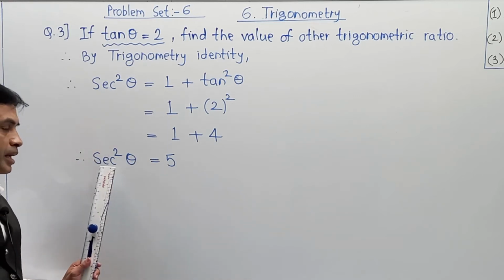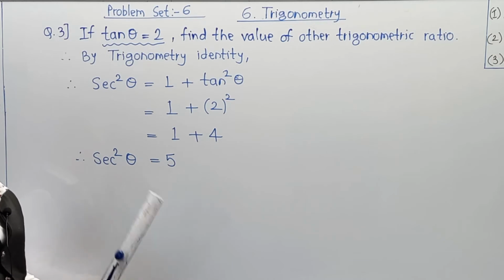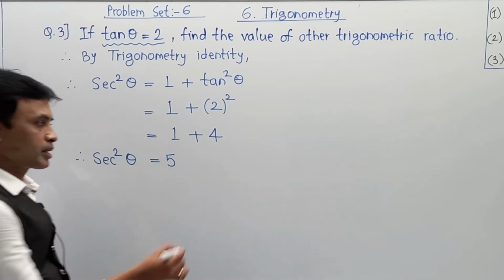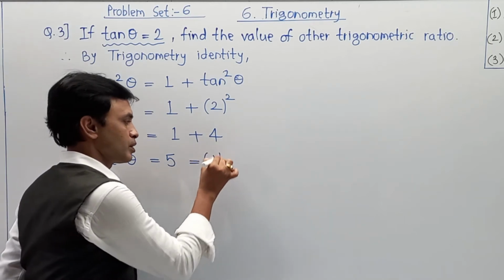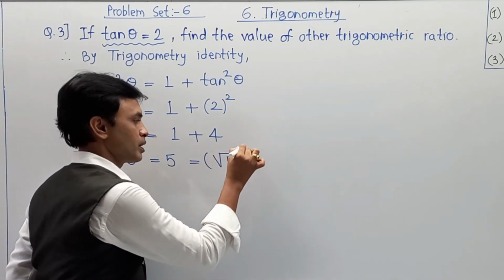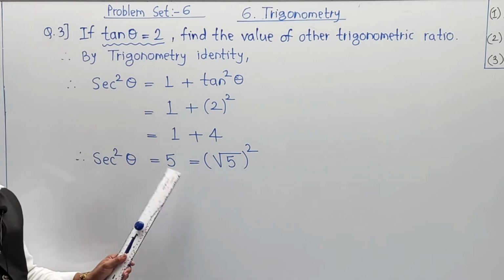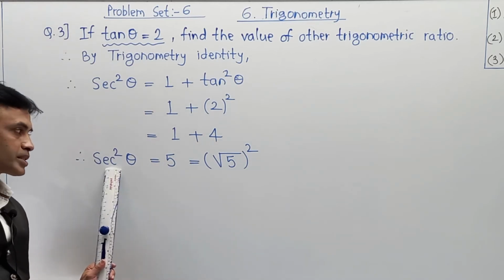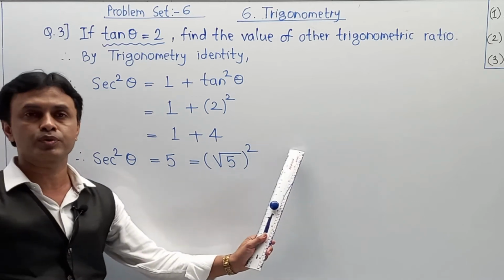But the problem is that we are not interested in sec square theta, we are interested in sec theta. So this 5 I am going to write as root 5 square. Why? Because 5 is itself a prime number, it is not a root of any other number. So now sec square theta is root 5 square.